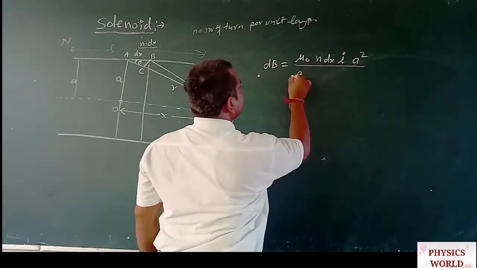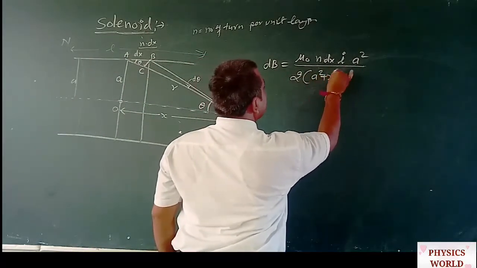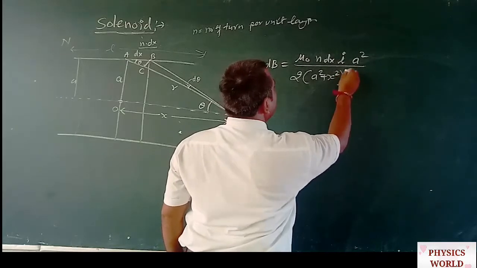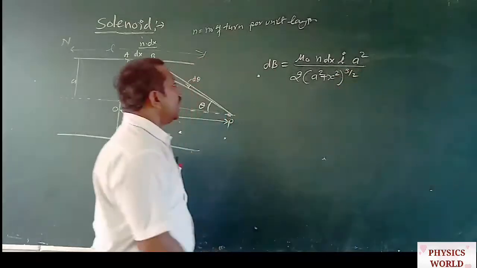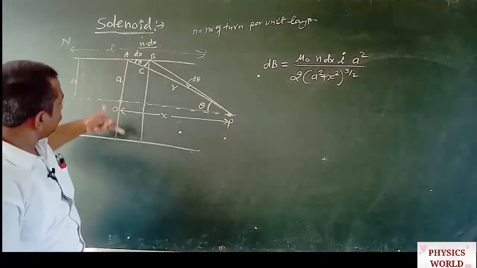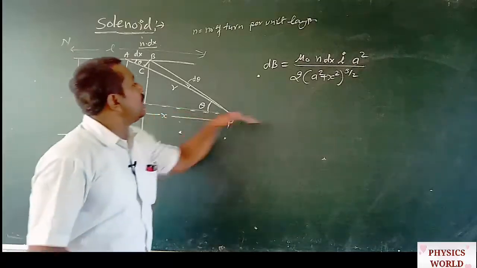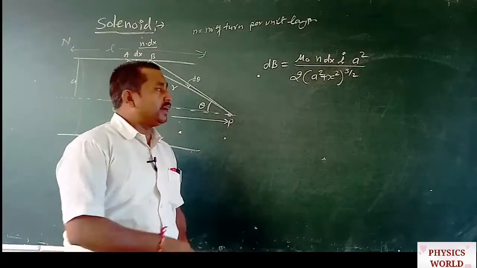The direction of the magnetic field due to this circular current loop is along the axis of the solenoid.